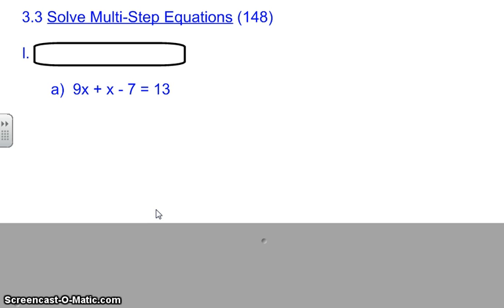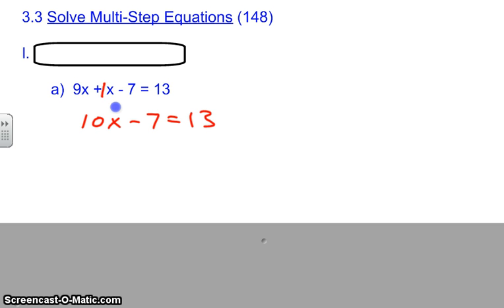And, okay, good. So the first thing I want to know is this x is sitting all by itself. What is the coefficient for x? And the coefficient is 1. Right? So good. So we really have 9x plus 1x. And so what is 9x plus 1x? 10x.